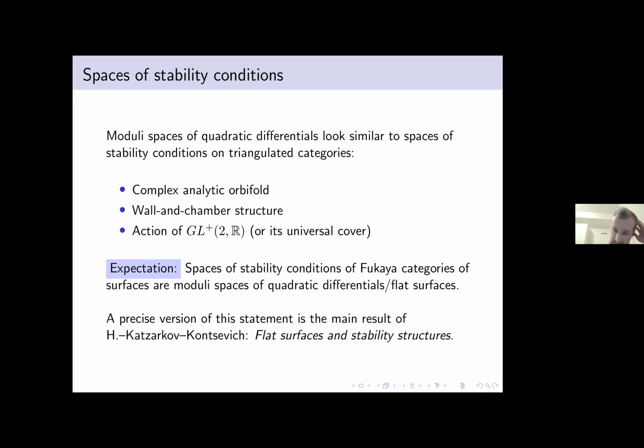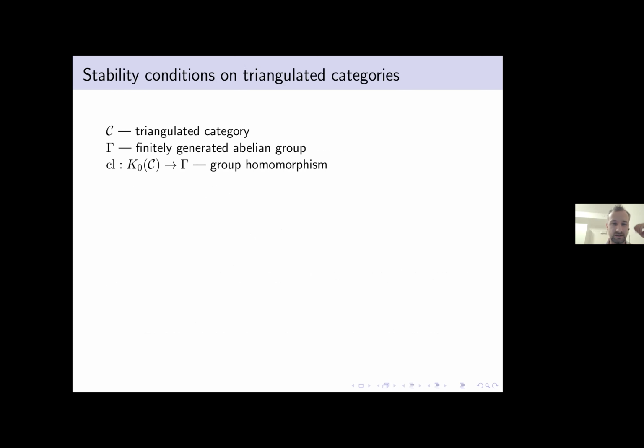It's a question about exactly which Fukaya categories you want and so on. I'll say what the results of that are. But for now I'm just motivating; we'll talk about stability conditions next. I just want to know how you get from flat surfaces. Why am I now suddenly talking about stability conditions?